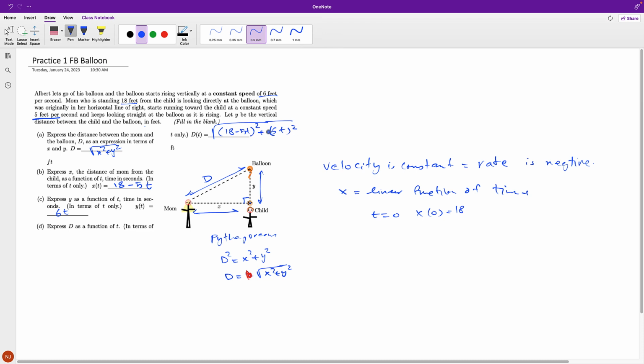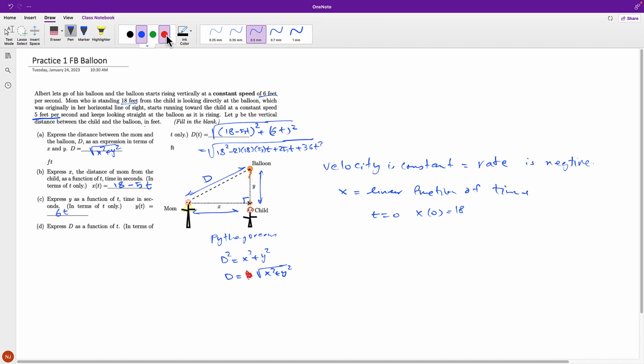This cannot be simplified any further. I mean, the square root cannot be simplified any further. It has to remain in there because what's under the square root is not a complete square. The most that you can do is go 18 to the power 2 minus 2 times 18 times 5t plus 25t squared plus 36t squared.